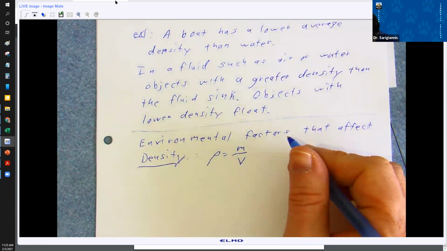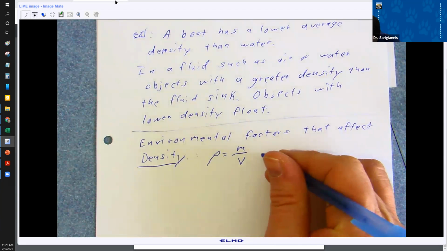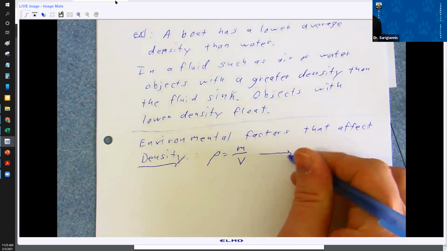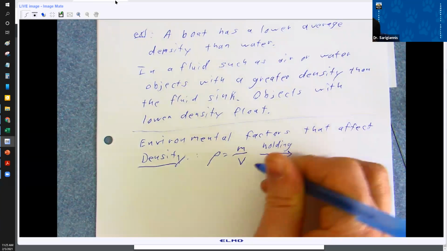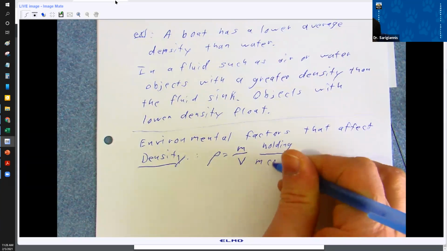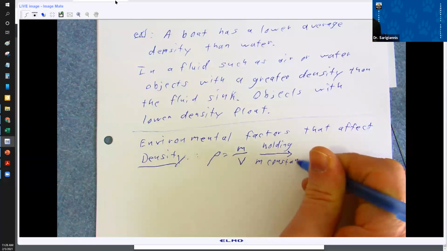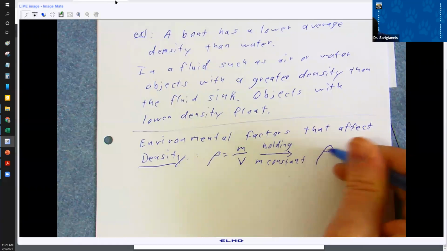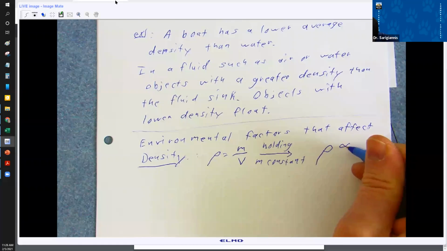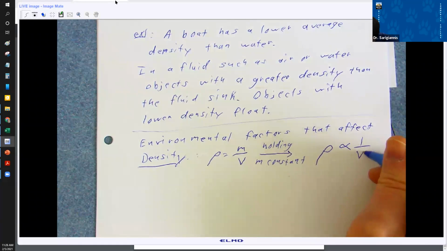So we're going to rewrite this as a proportionality statement, holding mass M constant. You can write density is inversely proportional to volume.